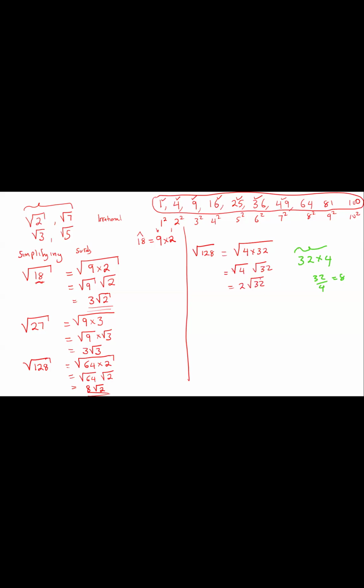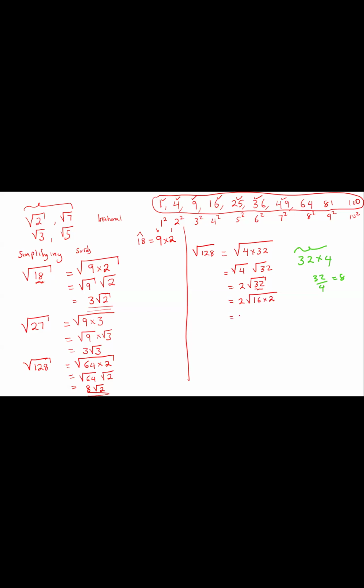You simplify it further. So 32 can be simplified. For the person who has given us this, you have to go back and simplify 32 further. 32 can also be given in the form of 16 times 2.